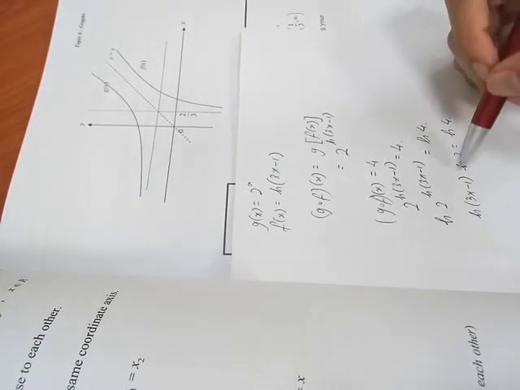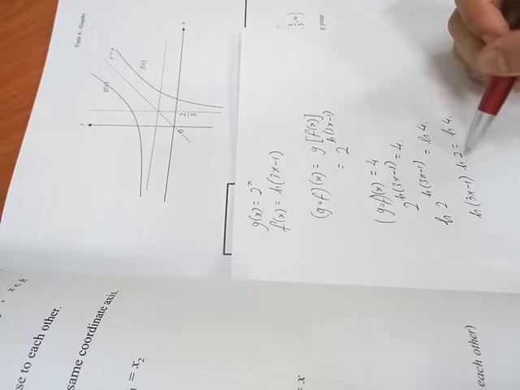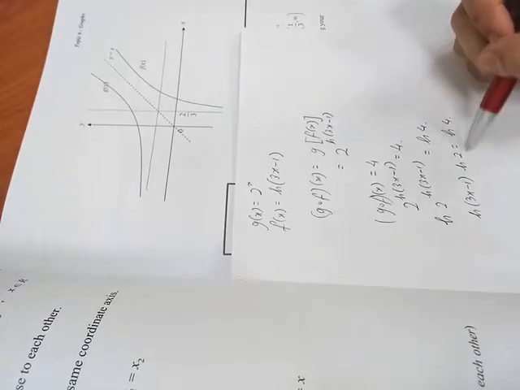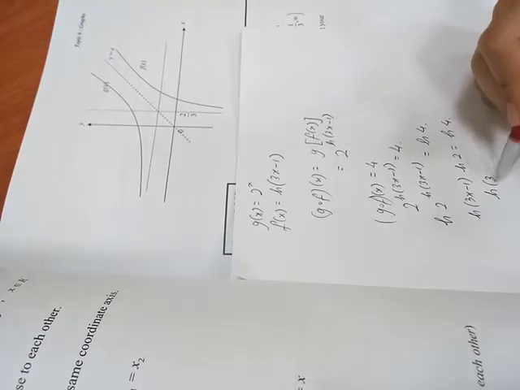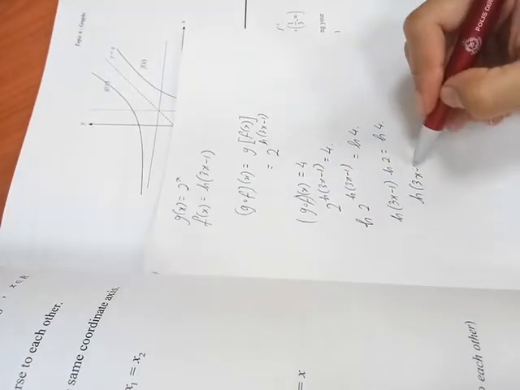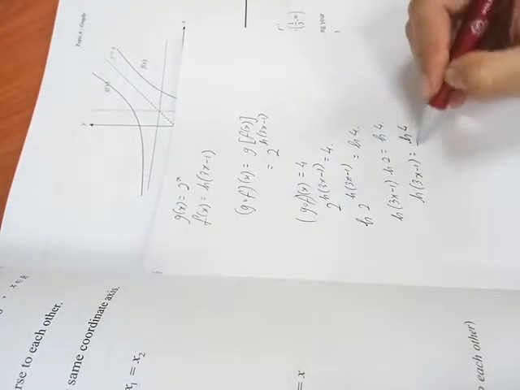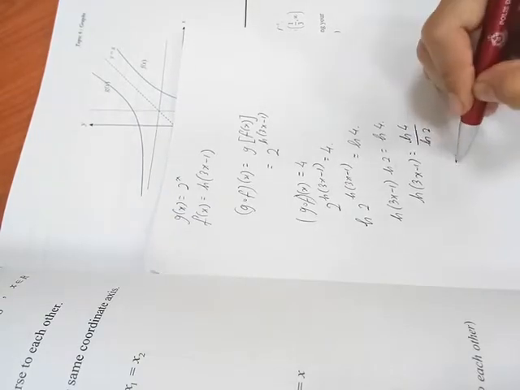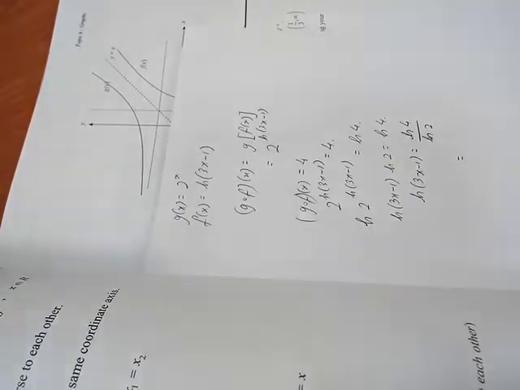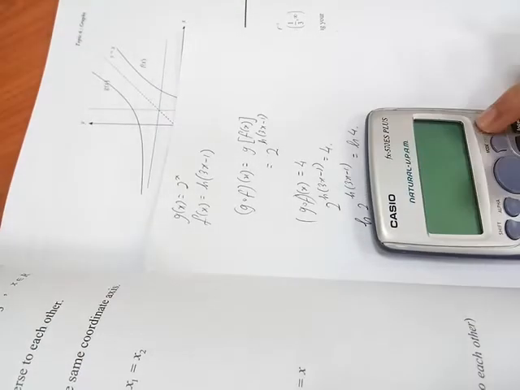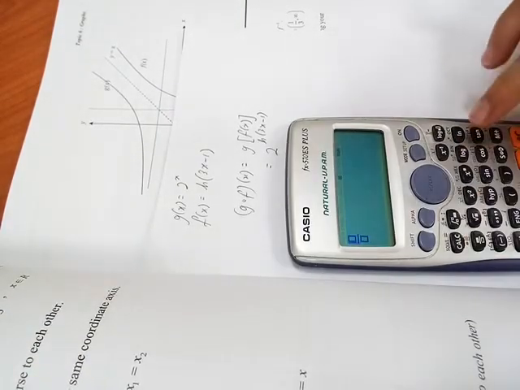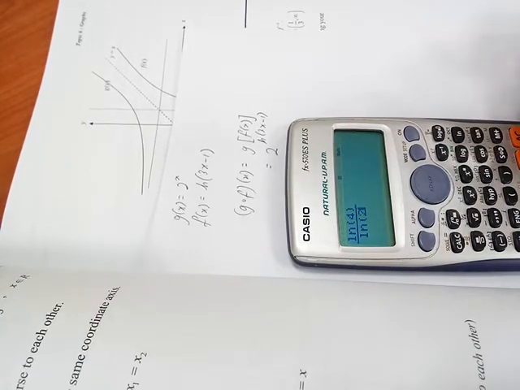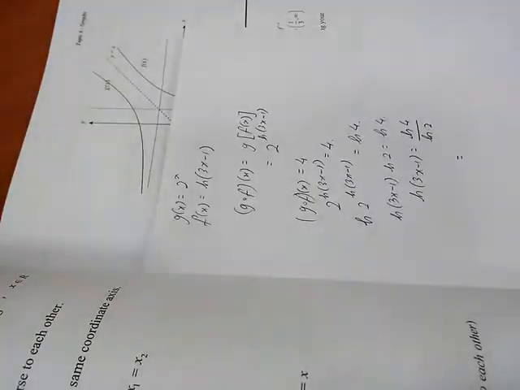Please remember the rules of ln also, and this ln 2 can be divided. So ln(3x - 1) equals ln 4 over ln 2, and ln 4 over ln 2 equals 2.